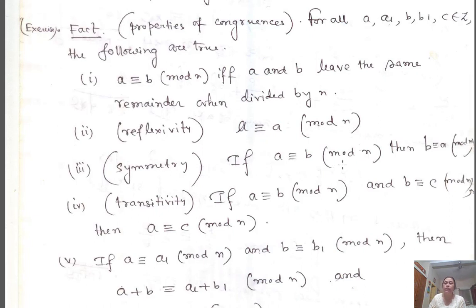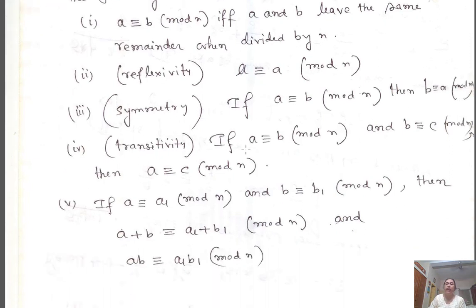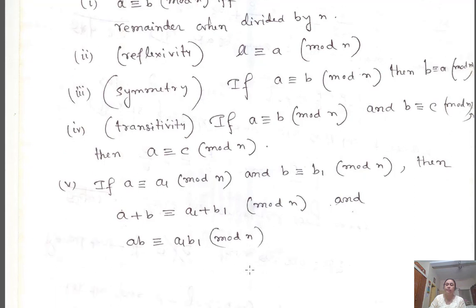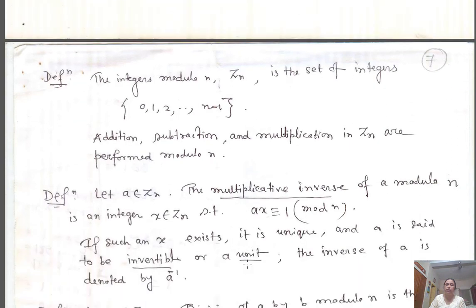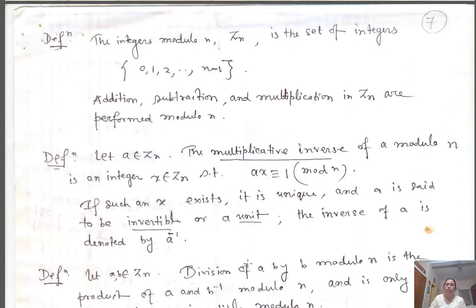Symmetry: if a ≡ b (mod n), then b ≡ a (mod n). Transitivity: if a ≡ b (mod n) and b ≡ c (mod n), then a ≡ c (mod n). And if a ≡ a1 (mod n) and b ≡ b1 (mod n), then a + b ≡ a1 + b1 (mod n), and for multiplication, ab ≡ a1b1 (mod n). These are easy exercises; you can go through them on your own.